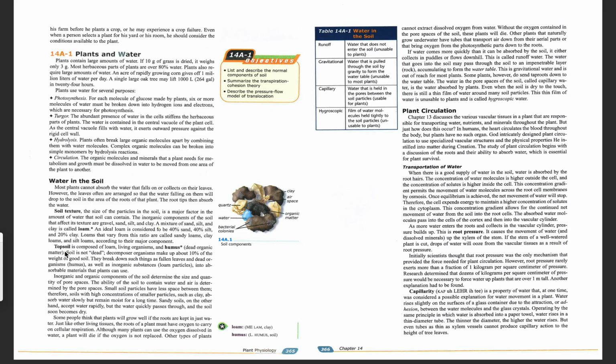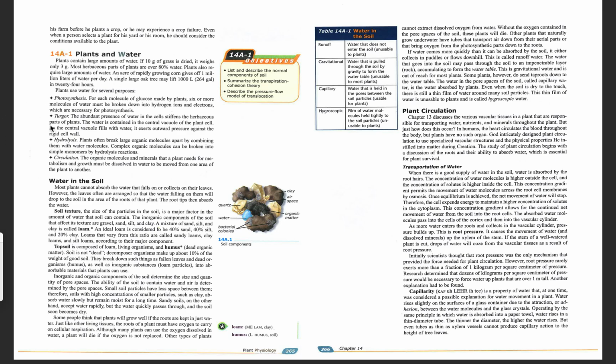Topsoil is composed of loam and living organisms like worms. And humus is dead organic matter, meaning decomposing organisms. So it's very important to understand what's different about each of those. Loam, remember, is sand, silt, and clay. Topsoil is loam and living organisms, and humus is dead or decomposing organic matter.